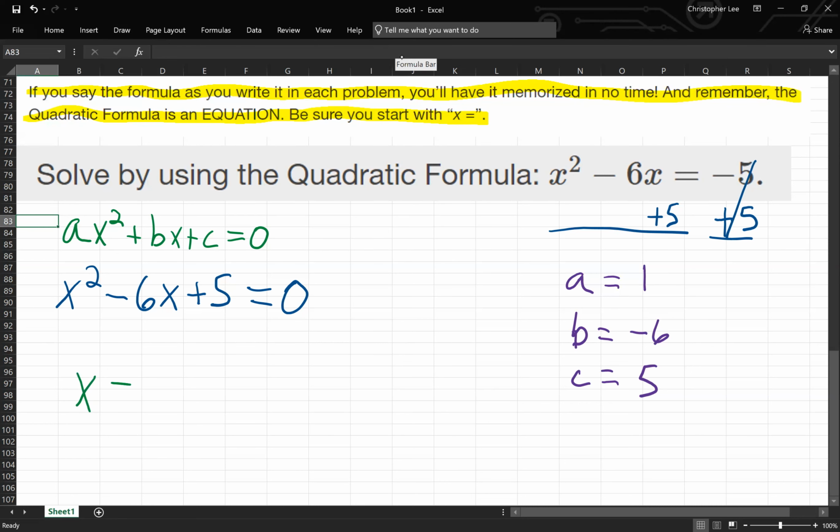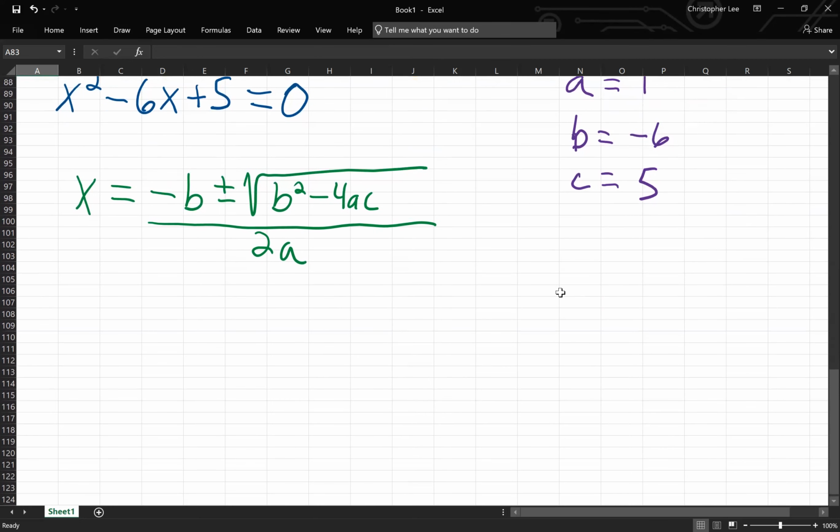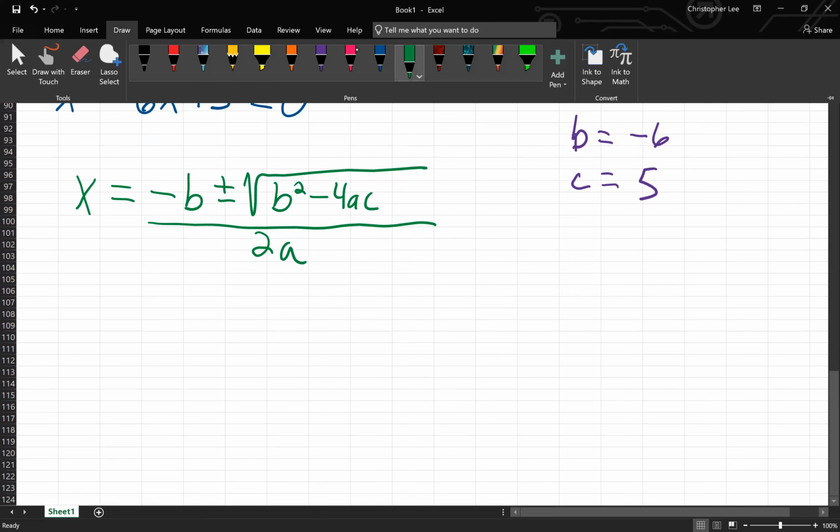So my formula is x is equal to -b plus or minus the square root of b squared minus 4ac, all divided by 2a, right? And we're just gonna throw them in. It's gonna be real nice and simple. Matter of fact, I want to use rainbow right here.